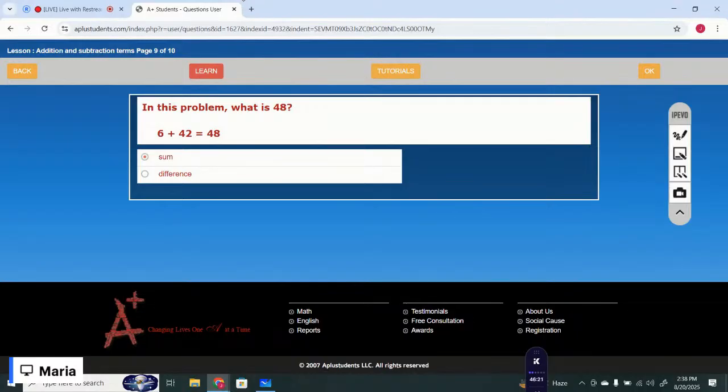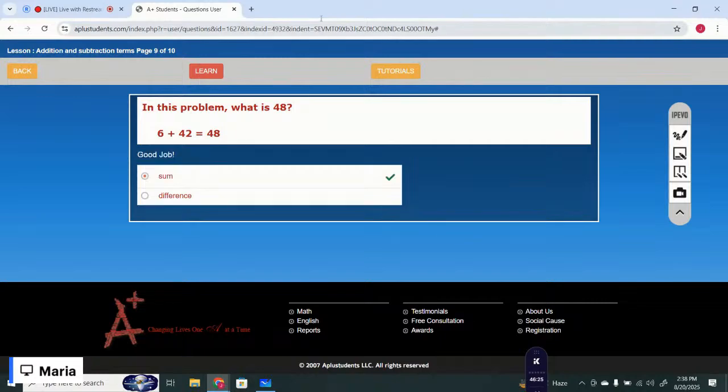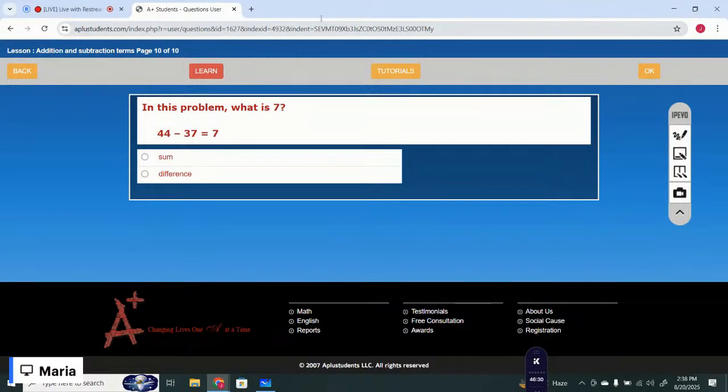Option number 1 is the correct option. In this problem, what is 7? 7 is the difference of 44 and 37. Difference it is. Option number 2 is the correct option.